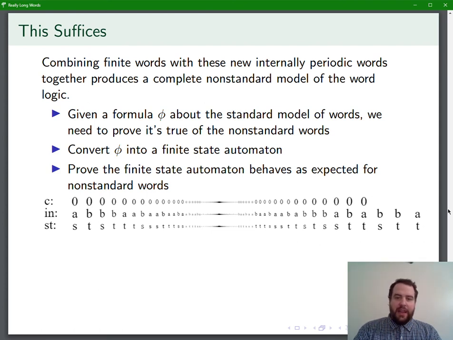So given an input, we can at the very least produce what we call a run, right? A sequence of states which is consistent with the input and the transition function of the finite state automaton, even though the timeline here is a little bit strange. So that works perfectly fine.